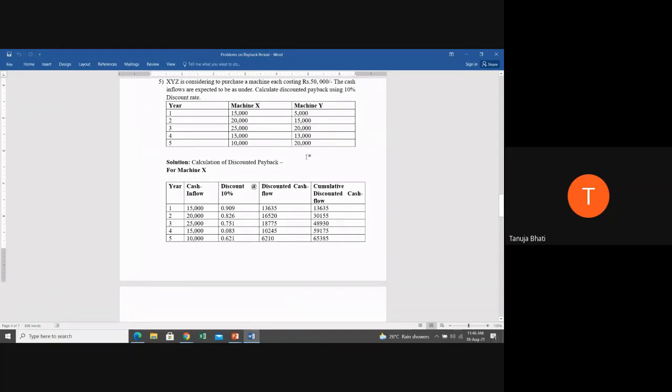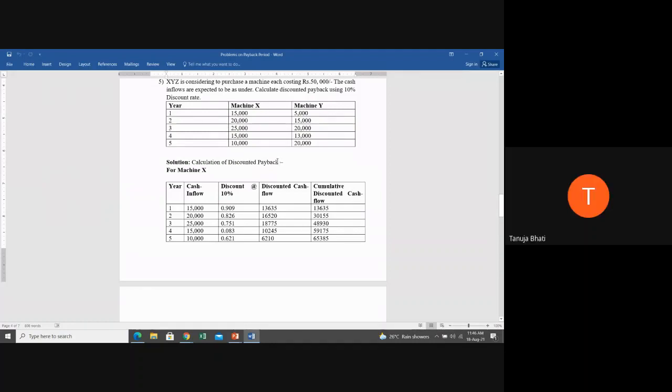And discounted payback works the same as your normal payback, only the cash flows have to be discounted using the discount rate. Now, is it an equal cash flow or unequal cash flows? Unequal cash flow.